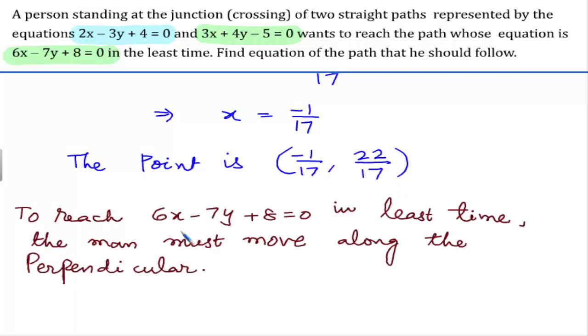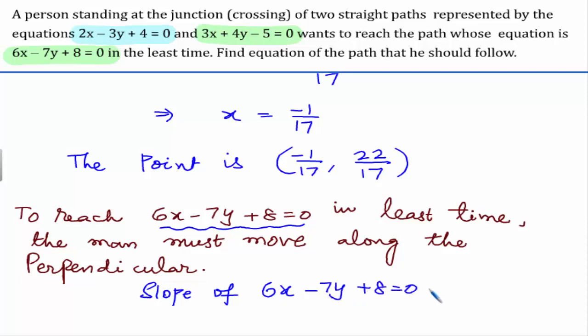To reach the equation 6x minus 7y plus 8 is equal to 0 in the least time, the man must move along the perpendicular. Let us find out the slope of this line. The slope of 6x minus 7y plus 8 is equal to 0 is 6 by 7.